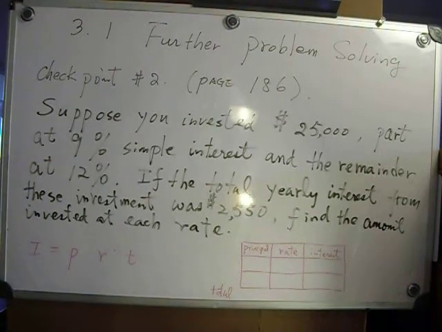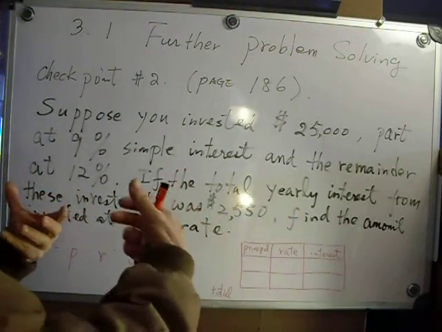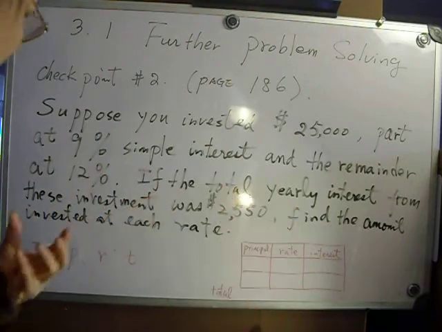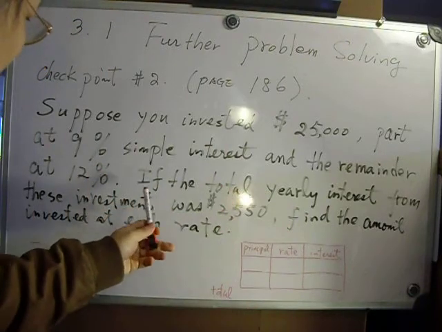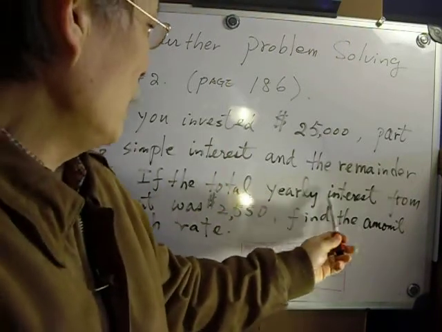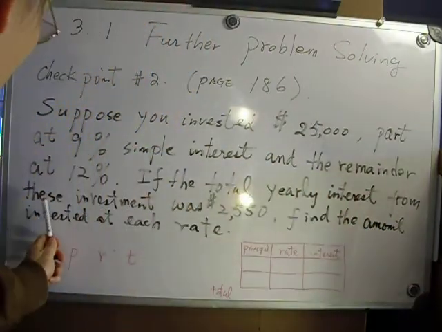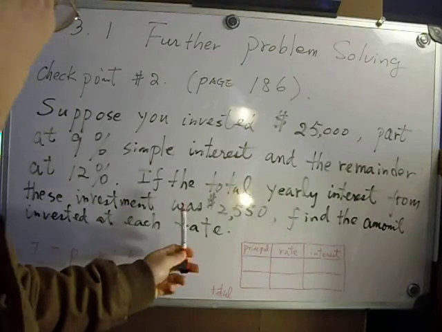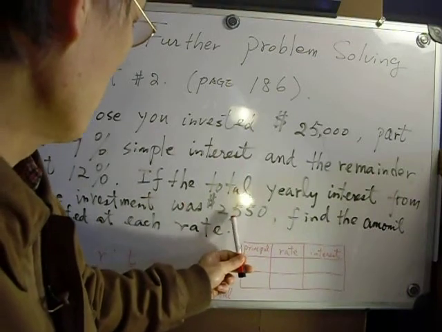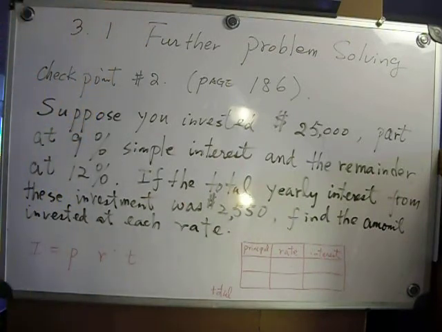So one principal split into two accounts. And the question here, if the total yearly interest, 1 year, okay? 1 year interest from these two investments was $2,550. They ask to find the amount invested at each rate.